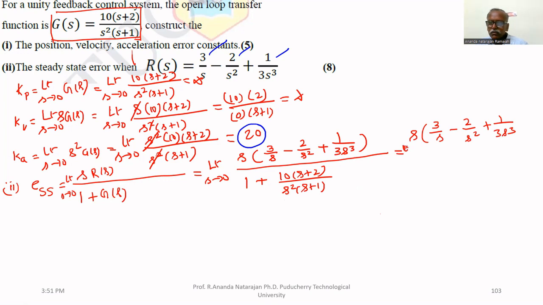Limit S tends to 0, upon S square into S plus 1 plus 10 multiplied by S plus 2, all over S square into S plus 1.